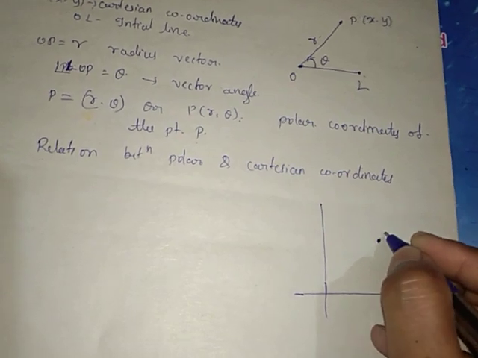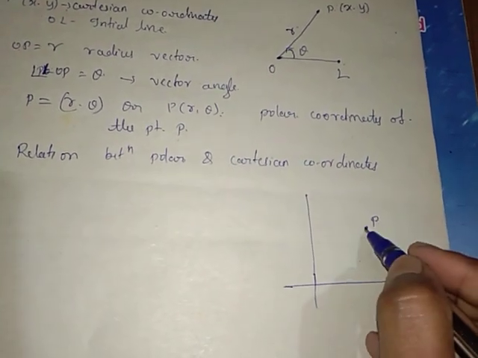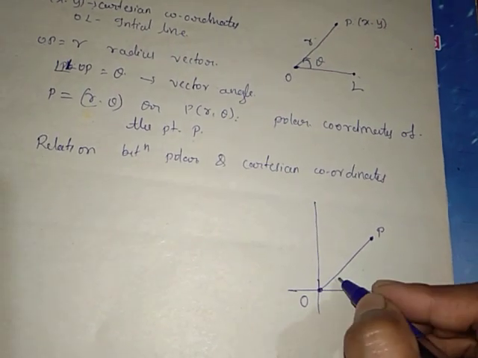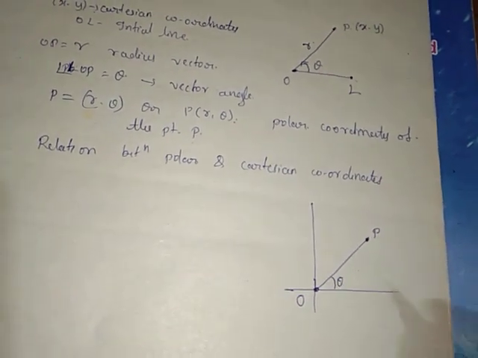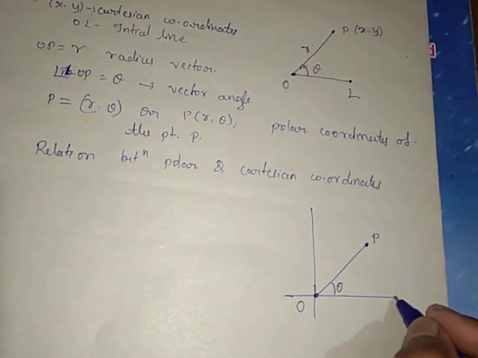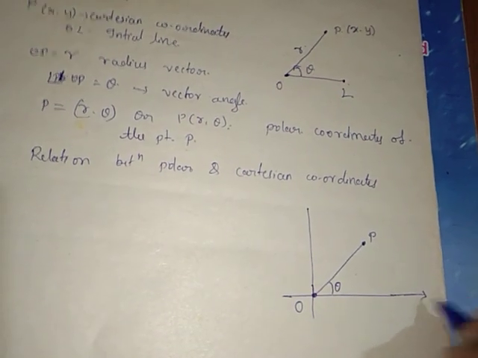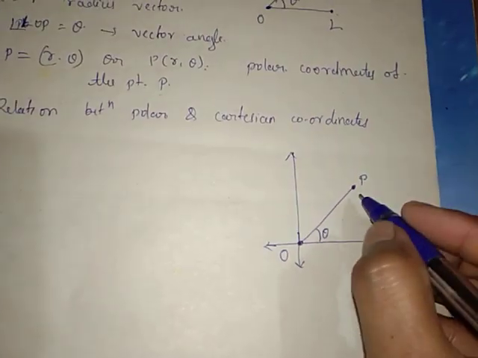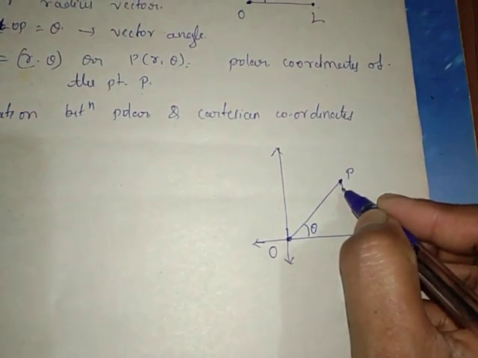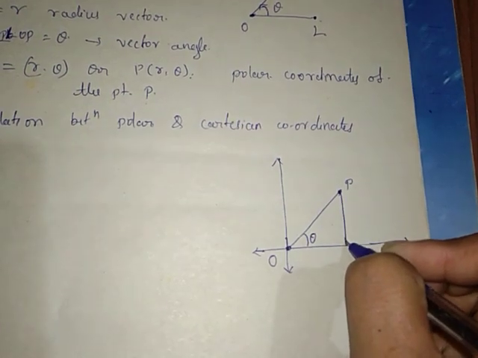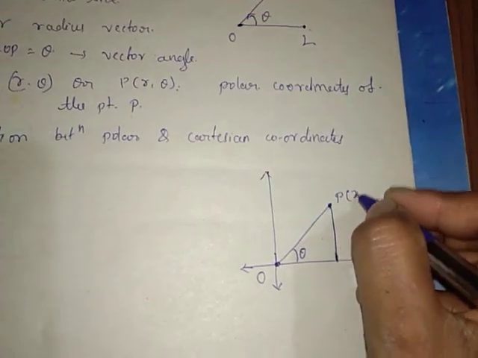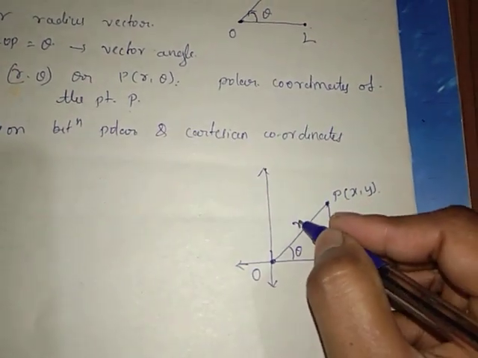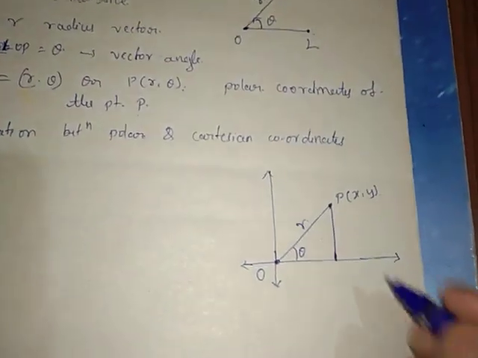Here consider a plane. Consider a point P. Join the point P with the origin O. That makes an angle theta. Now draw a perpendicular line from P to the x-axis, and the point P has the coordinates x and y, and OP is called the radius r.